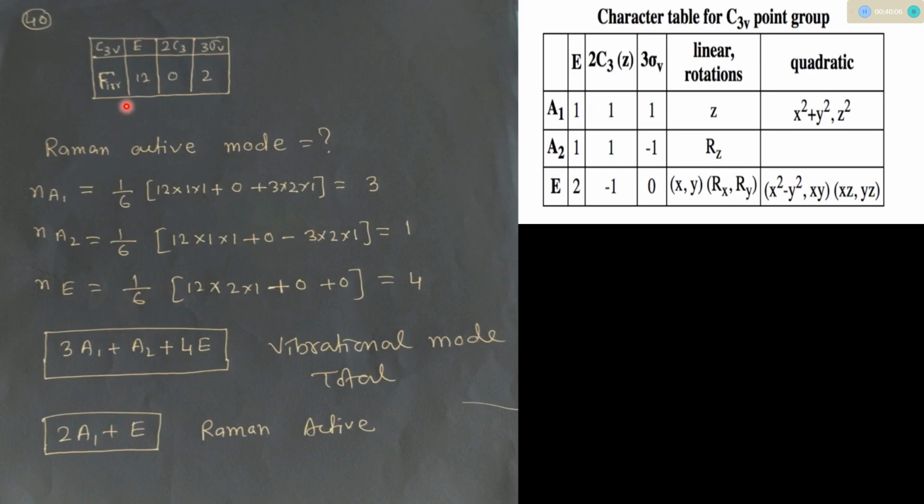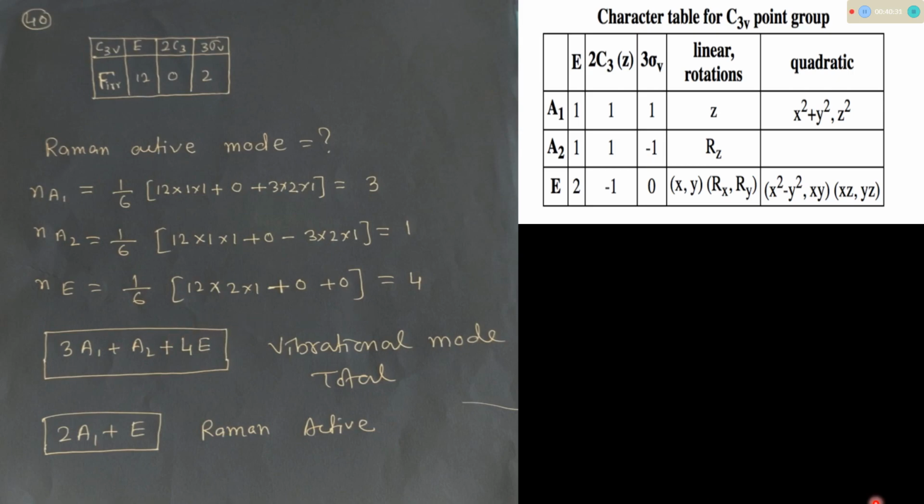In the third case 12 into 2 into 1, and this term becomes 0, and the second term also becomes 0. You all know how to find the number of irreducible representations. So we will find 3a1 plus a2 plus 4e, these are the total vibrational modes. So out of them, the Raman active modes.